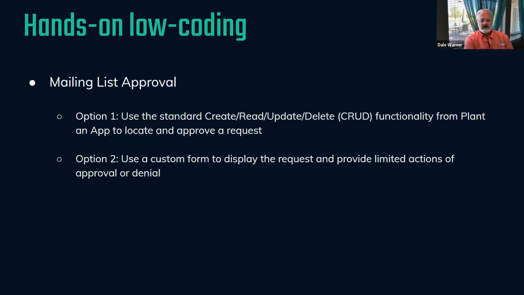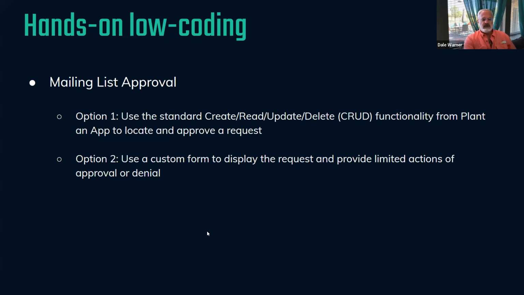You have to define a custom form, but it gives you ultimate control. So your administrator, for example, won't be able to change the user's information. Their answers are not available to them. So they can't change the name, for example, or fix the email address. They can only say yes or no. And so as a developer, this gives you far more control over the experience. So let's take a look at both of those.